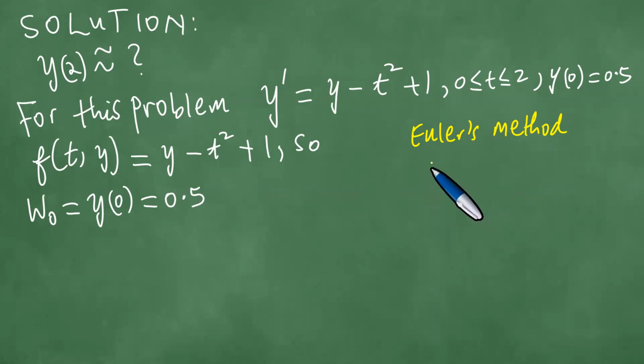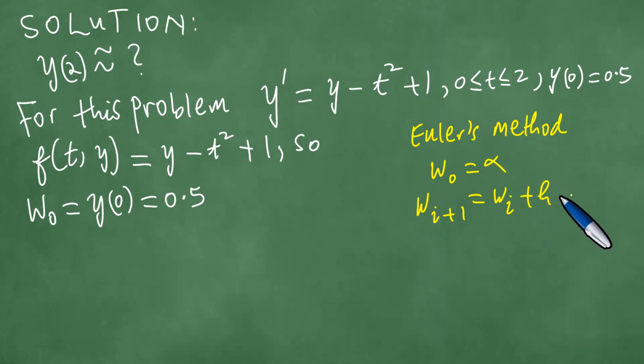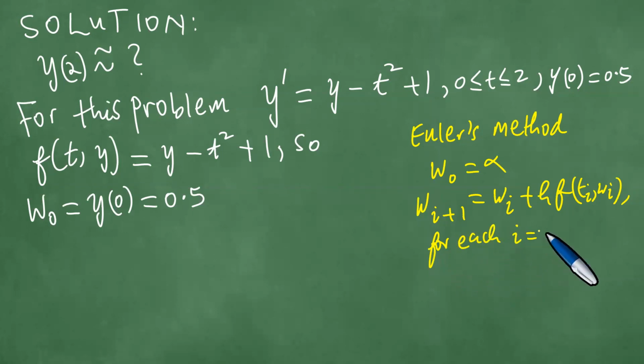Euler's method means that we say the initial value, and then we say how we find the successive values of the estimation, and we put w sub i plus 1 equals w sub i plus h times f, a multivariable function, in this case of t sub i, w sub i. And this is true, obviously, for each of the i's, where i is 0, 1 until n minus 1. So yeah, you have that.